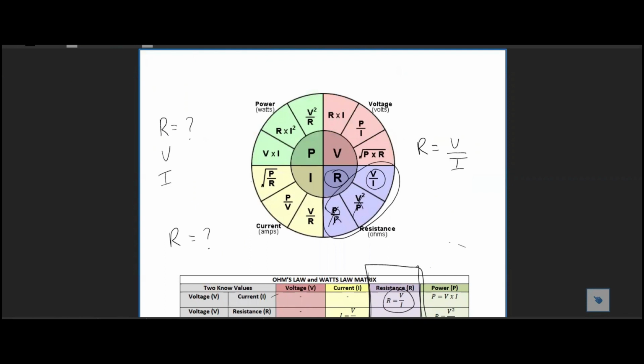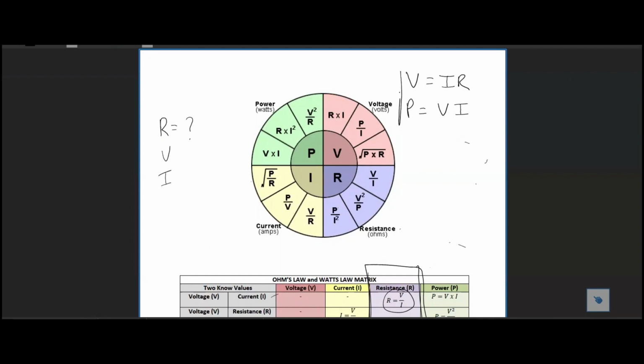For this particular problem, this one should be straightforward. And I'm not expecting you to memorize every single variation of these formulas. However, the more you do remember and the more you know how to apply, the easier it'll make it to solve these types of problems. But the two formulas that you do need to know are Ohm's law, V equals I times R, and Watt's law, P equals V times I. We'll get into Watt's law a little bit later.